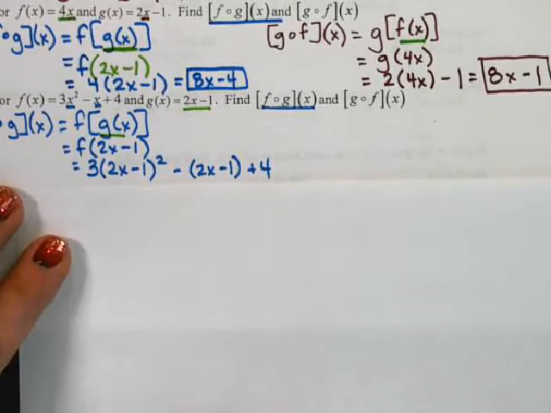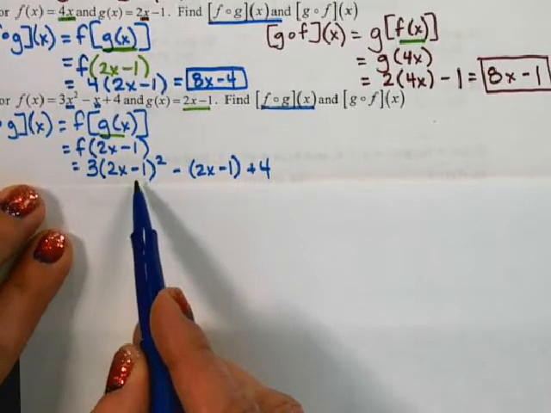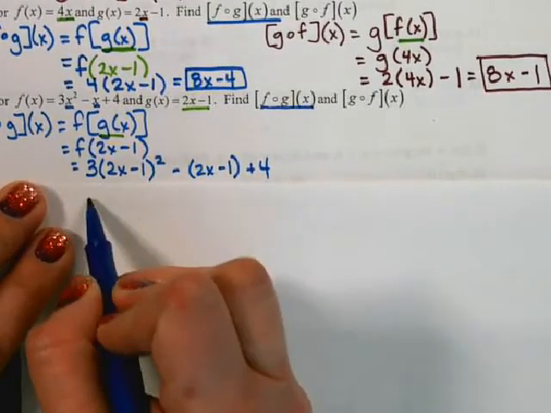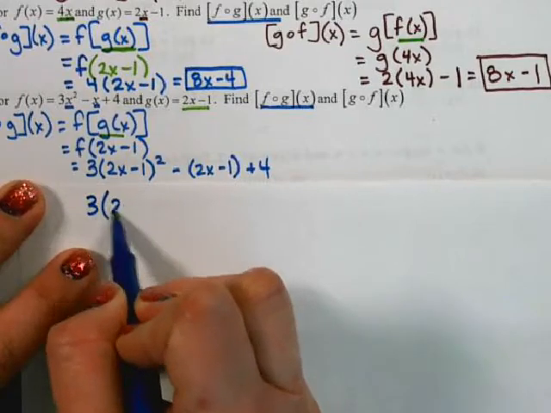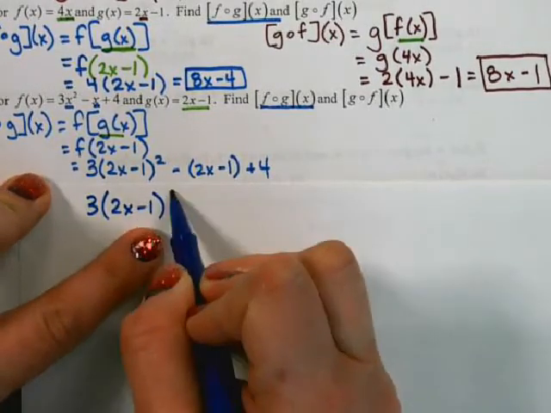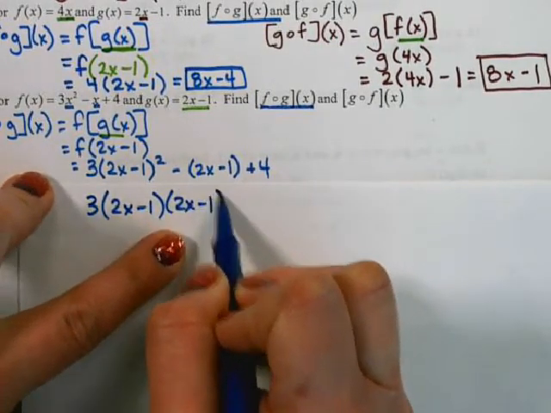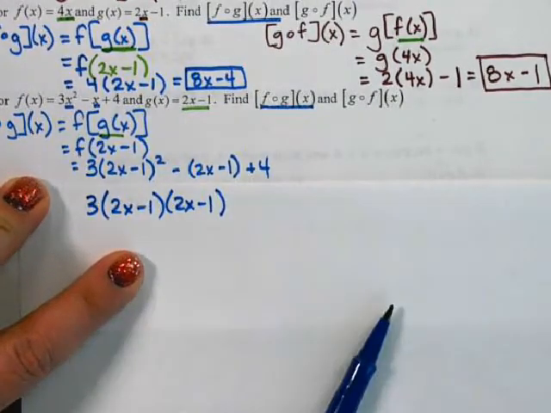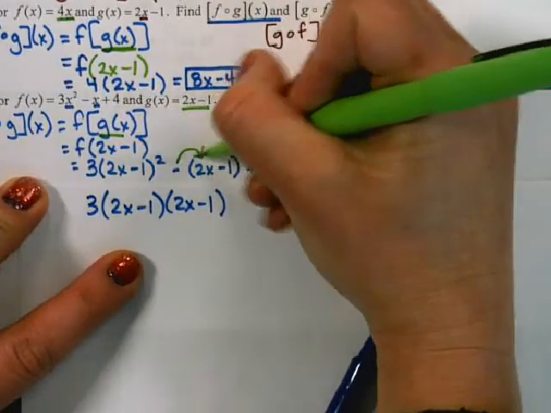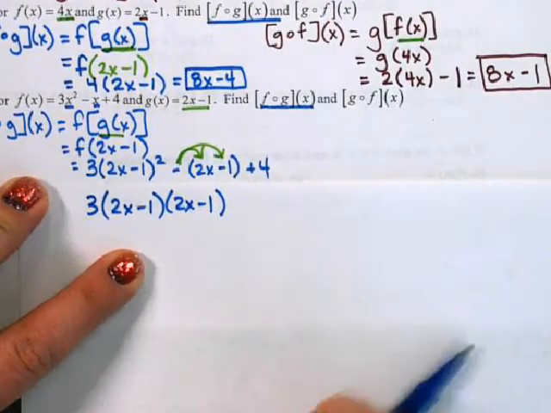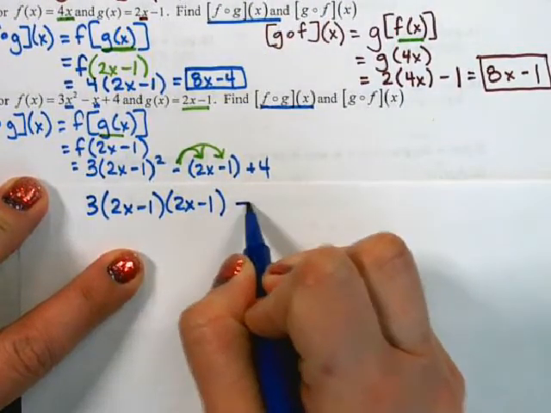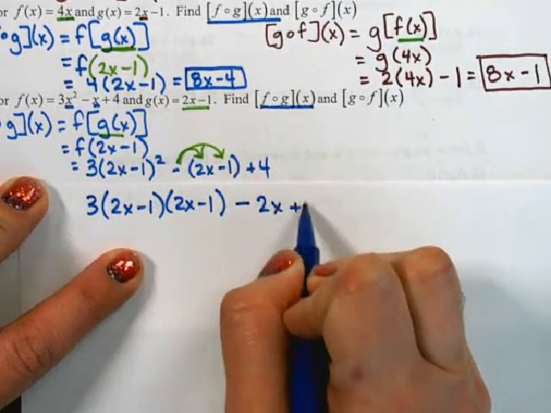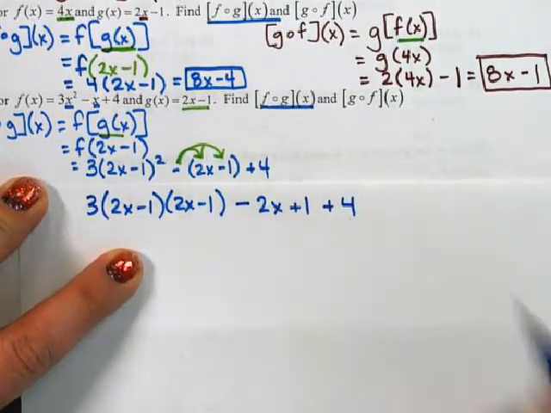Okay. This part is going to require me to FOIL. Sorry, I didn't give you enough room on this one. This one is going to require me to distribute a negative. Would it be okay if I did that right now? Got a minus 2x plus 1 plus 4.